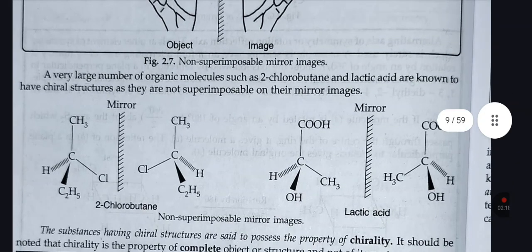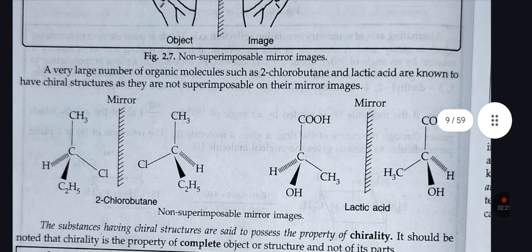A very large number of organic molecules such as 2-chlorobutane and lactic acid are known as chiral substances as they are not superimposable on the mirror image. This figure shows non-superimposable mirror images. The structures having chiral substructures are said to possess the property of chirality.